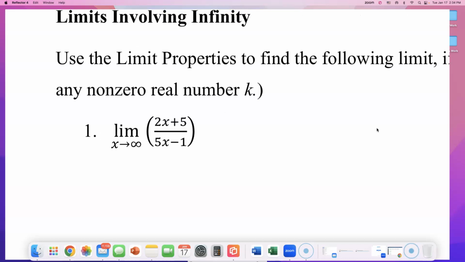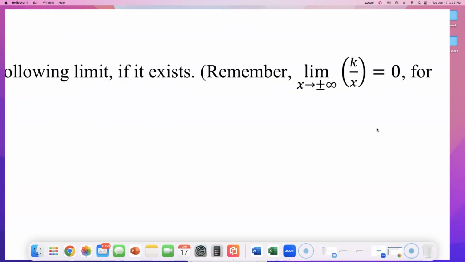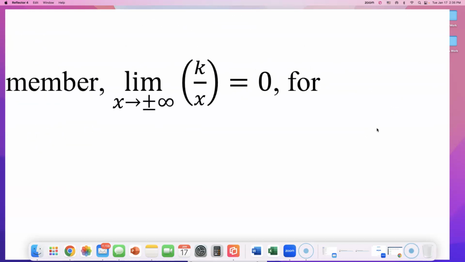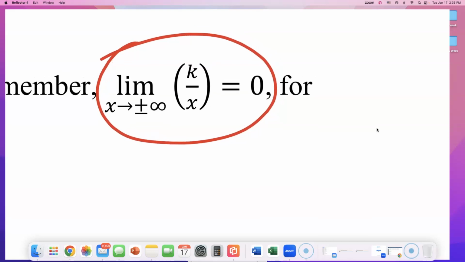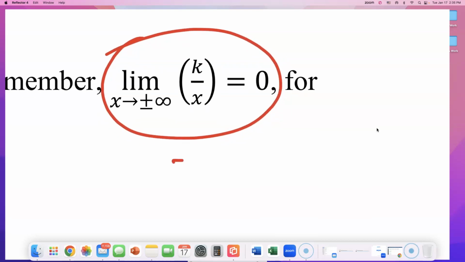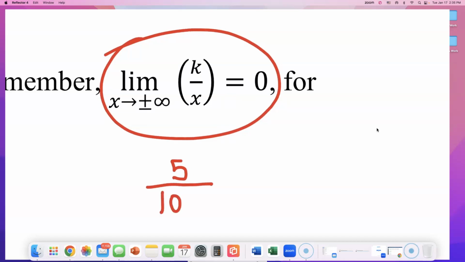But before I do that, I want to explain something that we will be using. Take a look at this theorem right here that we'll be using. K can be any number. But what if I tell you to divide, let's say, a random number k, like 5? What happens if you do 5 divided by 100?